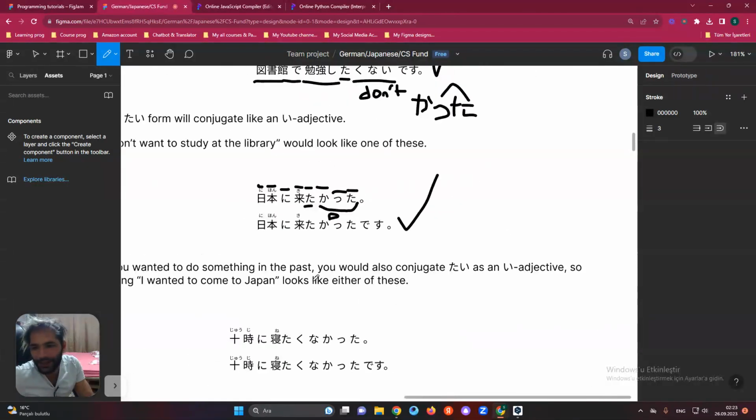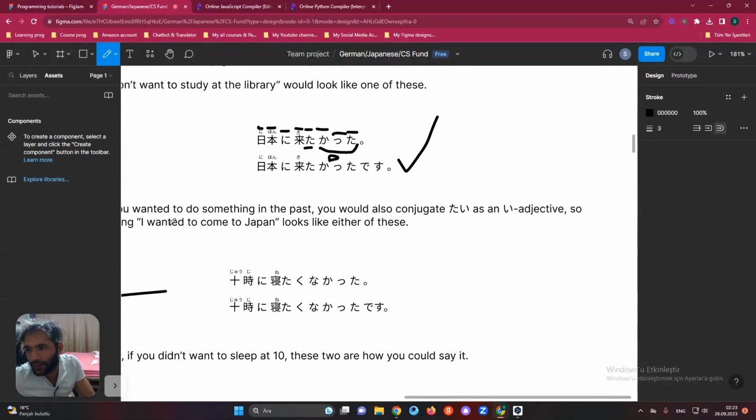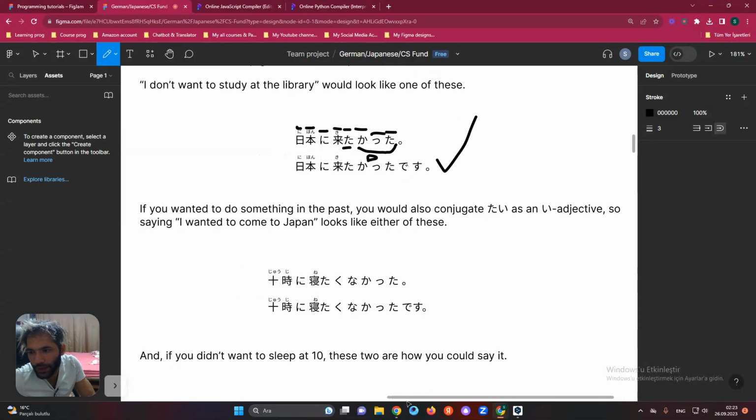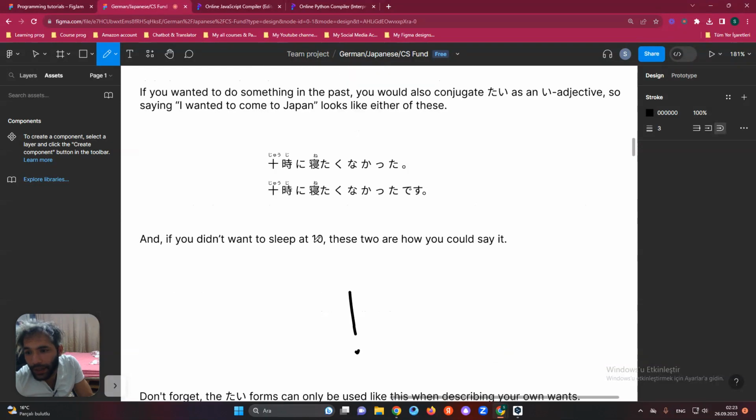The same thing, just more polite. So if you're talking about past, ta is an adjective that conjugates: just put ta, not i there. I want to come to Japan looks like either of this. When you put tai, it's like present or future tense, while when you use past tense, it becomes ta and you drop the i from there.